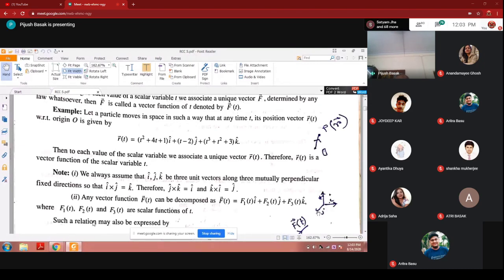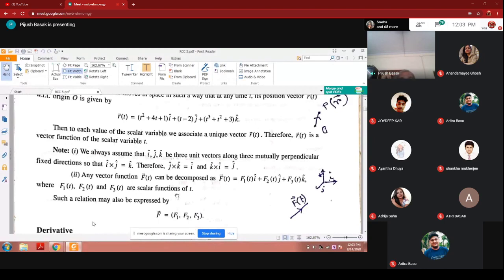So i cross j will be k. That is what it is. That much should be clear. Suppose I am telling you again, i is the unit vector along x-axis, j is the unit vector along y-axis. So i dot j is 0, and i cross j is k. That is what it is in short. Follow?